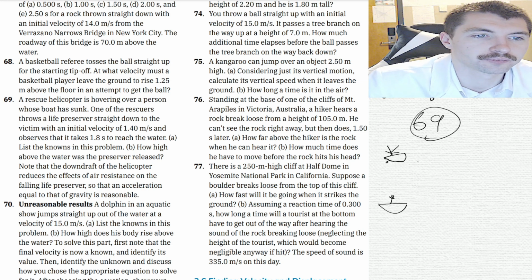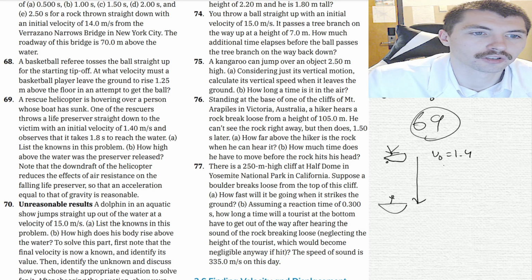One of the rescuers throws a life preserver. V naught is 1.4, so t naught is 0.